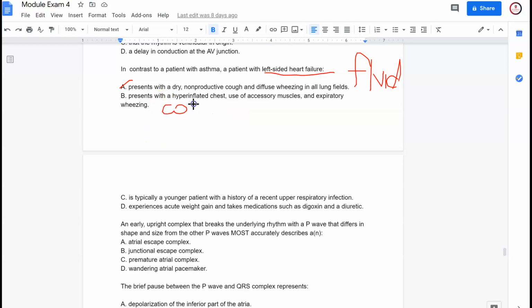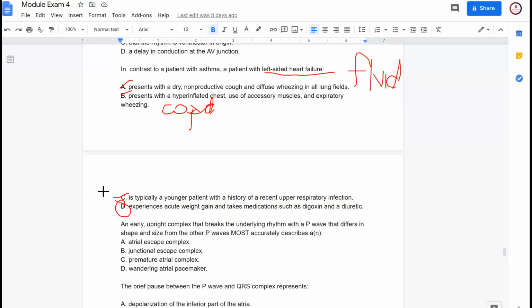That's COPD. Where you would get the gist. Typically, younger patient with a history of upper respiratory infection. No. Experiences, usually an older patient, experiences acute weight gain and takes medications such as DIG and a diuretic.